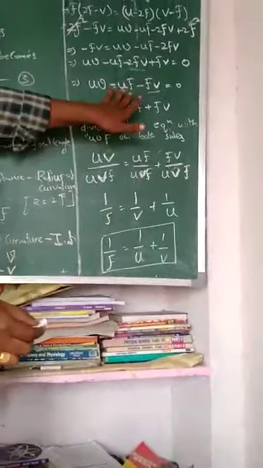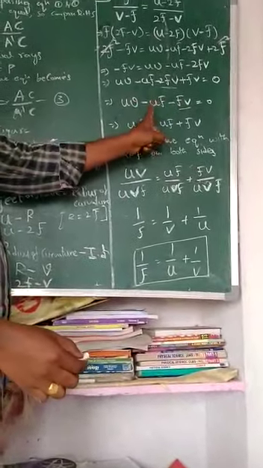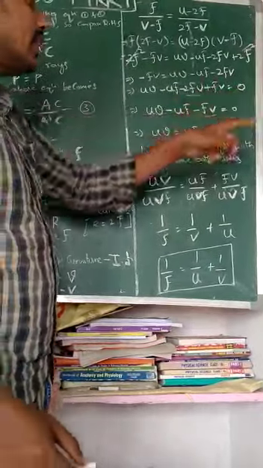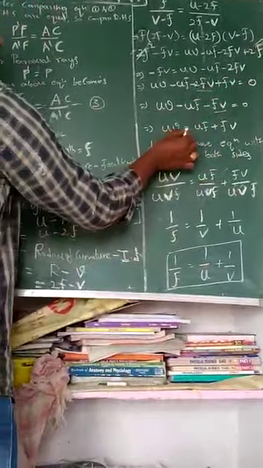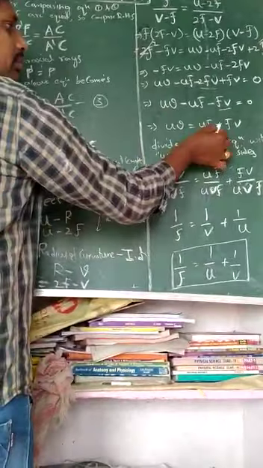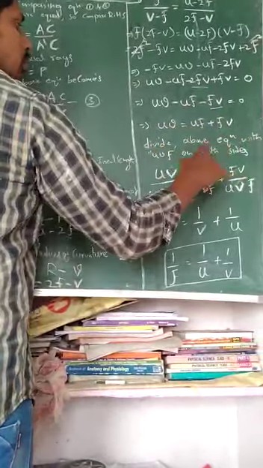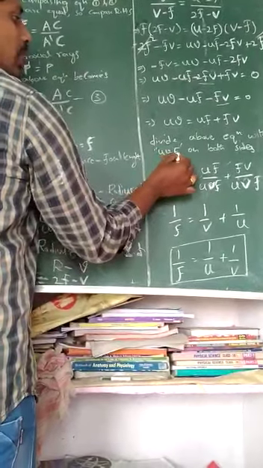After obtaining this equation, both terms minus uf and minus fv transpose to that side, and the equation becomes uv equals uf plus fv. So divide the above equation on both sides by uvf.